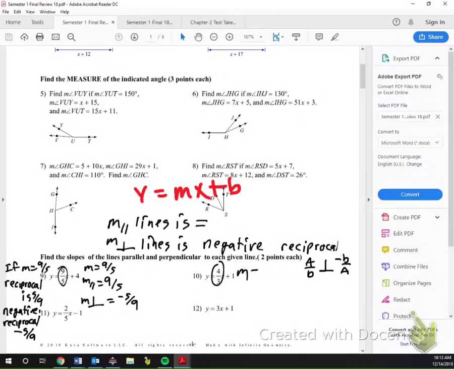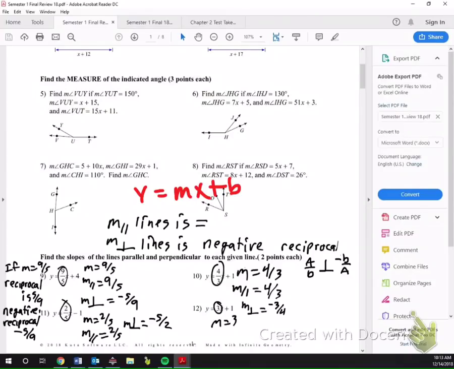Okay, so number 10, we have 4/3. Parallel slope is 4/3. Perpendicular slope, negative 3/4. Number 11, slope is 2/5. Parallel slope, 2/5. Perpendicular slope, negative 5/2.